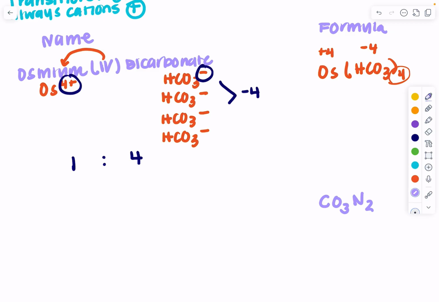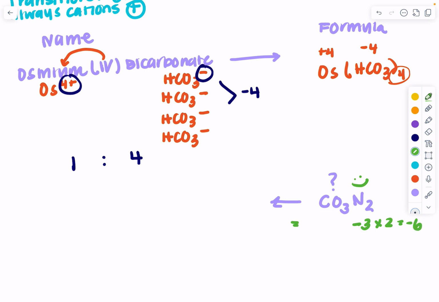So now we're going from formula to name instead of going from name to formula. We don't know the charge on cobalt. Cobalt is a transition metal. It could be anywhere between +1 to +10. But we do know the charge on nitrogen. Nitrogen is -3. There's 2 of them, so the overall charge is -6.